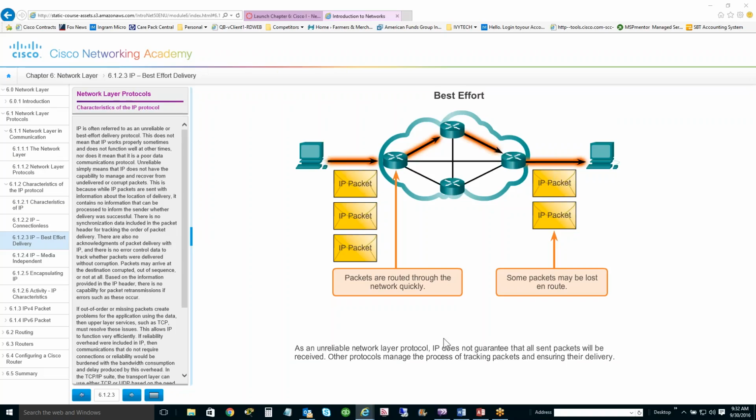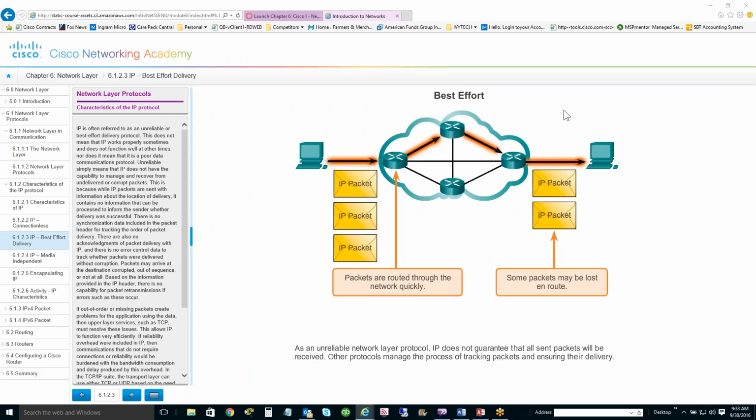IP or network layer protocols are unreliable. IP does not guarantee that all packets will be received. So other protocols manage that process by tracking packets and ensuring delivery, and primarily that's handled up in the transport layer with the TCP protocol, which we will talk about in chapter 7 or 9. I think it's 9.